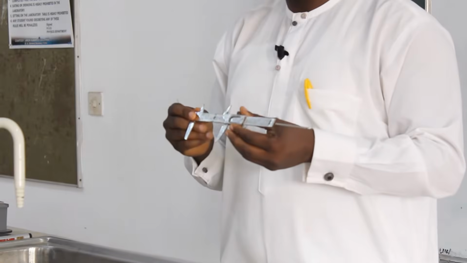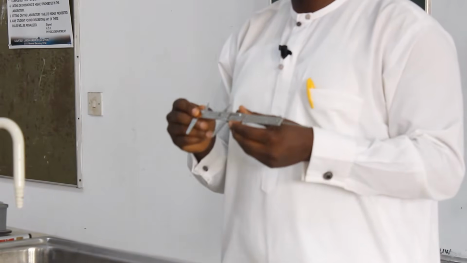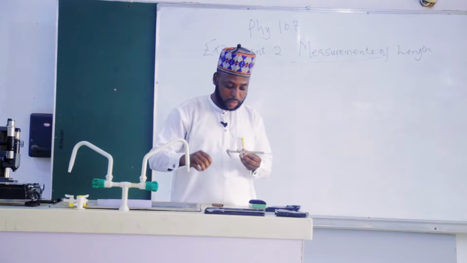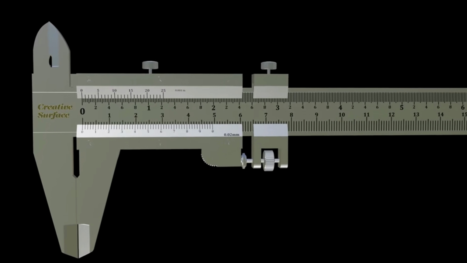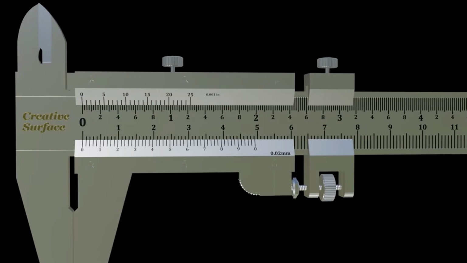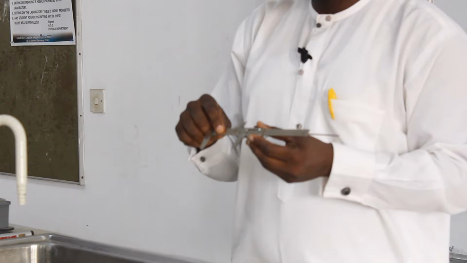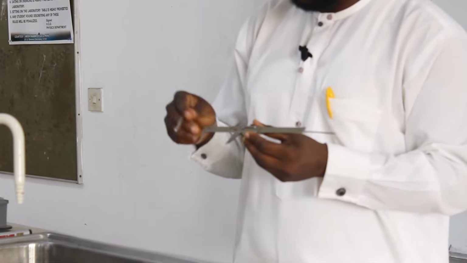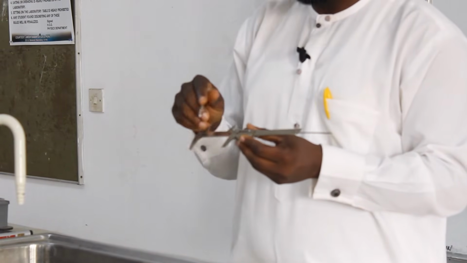The vernier caliper has two scales. The first scale is the fixed one, which is along this line, called the main scale. Usually it is in centimeter, or you can have it also in millimeter.